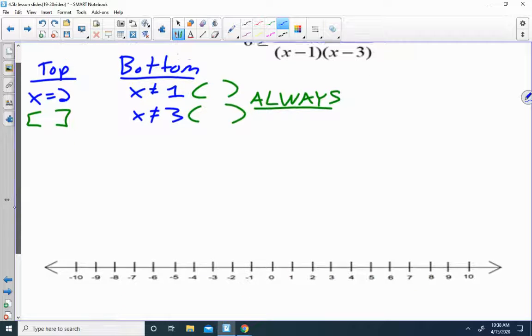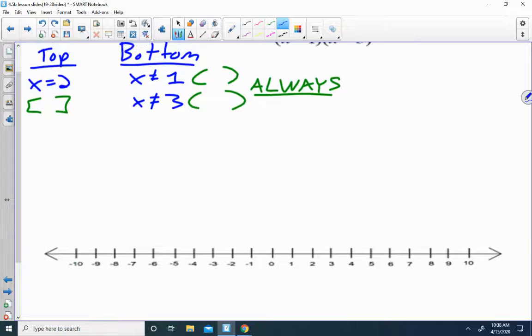And just so you know, things are going to be a little tight. Well, first, we're going to have a border at 2, and it's going to have closed brackets, because that's what it says for the top. Then for the bottom, looks like we're going to have a border at 1, and that's going to have open parentheses.